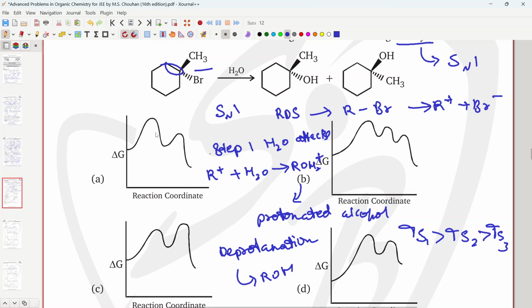Now let's look at your options. A only has two peaks, incorrect. C also has only two peaks, incorrect. D has only two peaks, incorrect. B has three peaks and the first peak is the highest. So B is the answer.